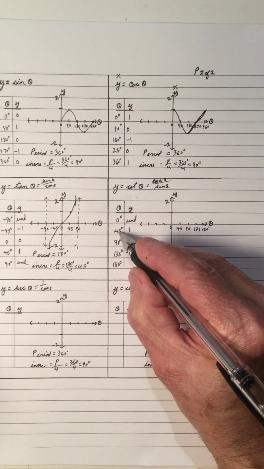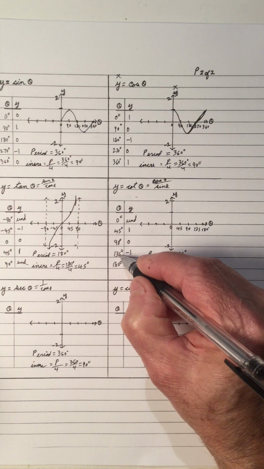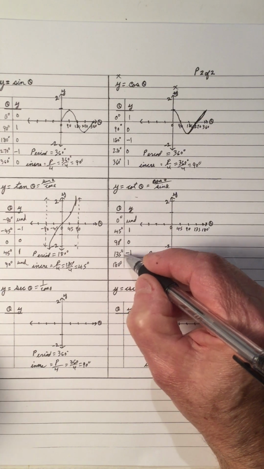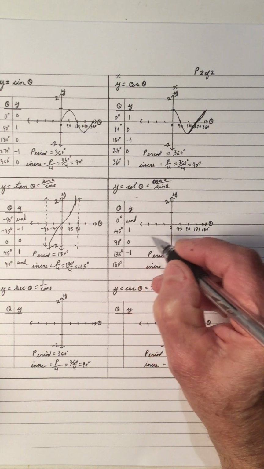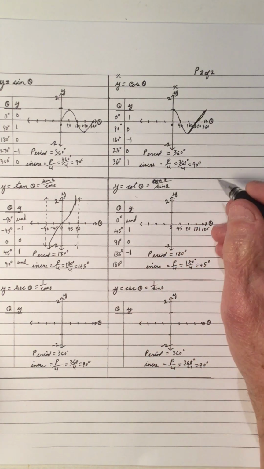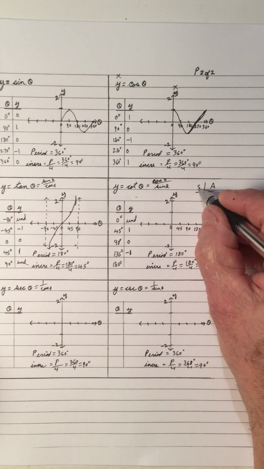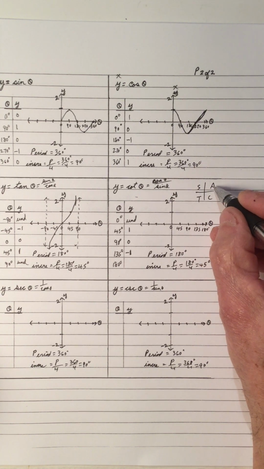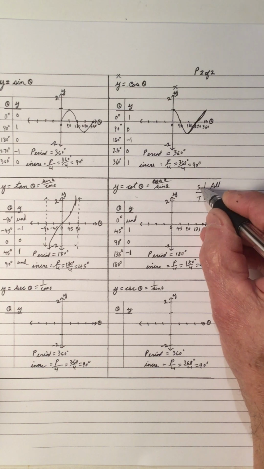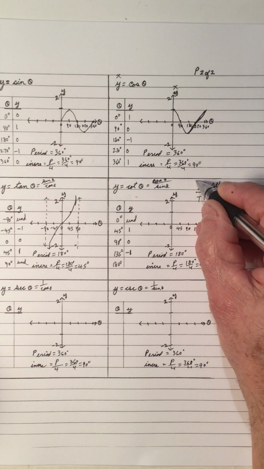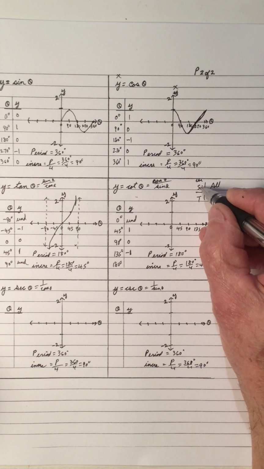Cot is positive in quadrant 1, and in quadrant 2, which is 135, it is negative, because of add sugar to coffee. Everything is positive in quadrant 1. Sine and cosecant are positive in quadrant 2.